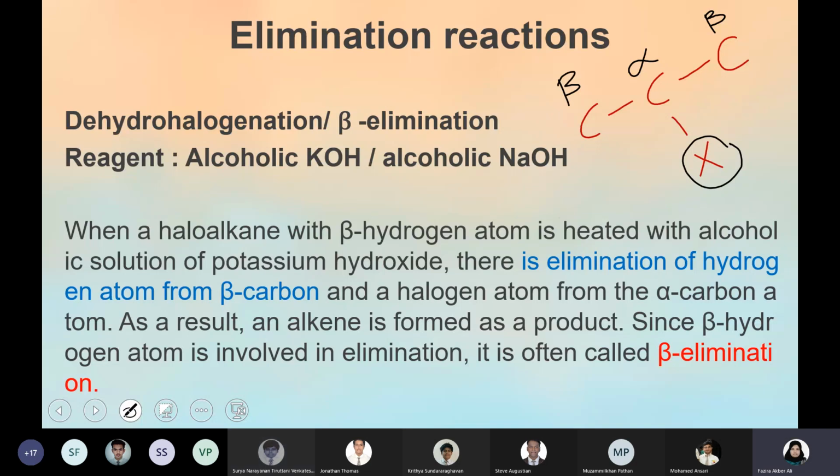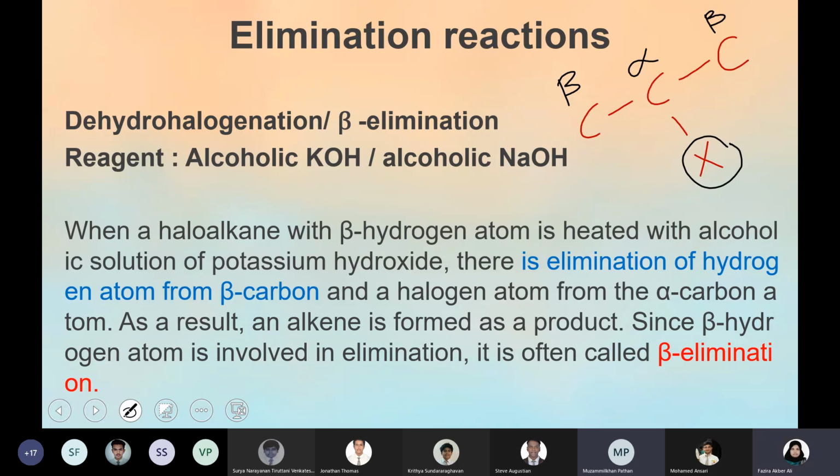After elimination, there is reaction with metal, and that is the only three reactions. Then we have to discuss the reactions of haloarenes. That part will go very smoothly, there is not much in it. Student: Ma'am, dehydrohalogenation and then reaction with metal. It's beta elimination.